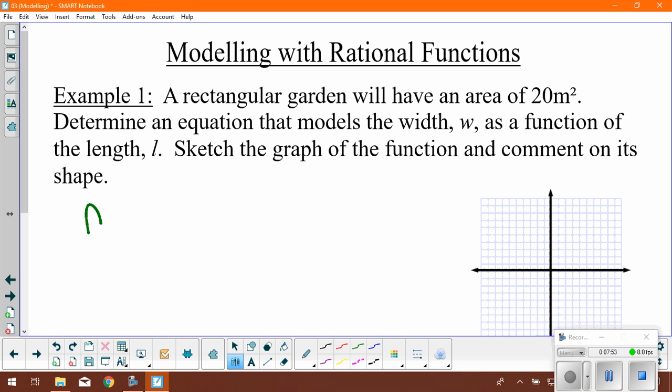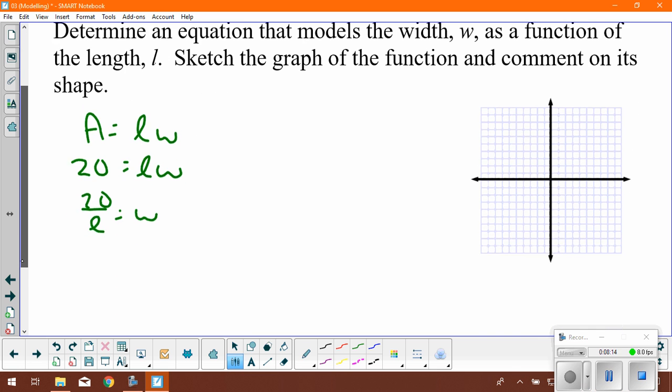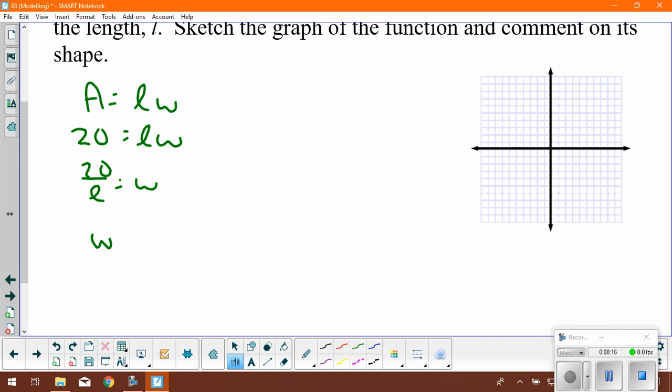So area equals length times width. Our area is 20. I said I wanted width as a function of length, so I'm going to isolate width by dividing by L. So 20 over L equals width. Therefore my function is 20 divided by L.